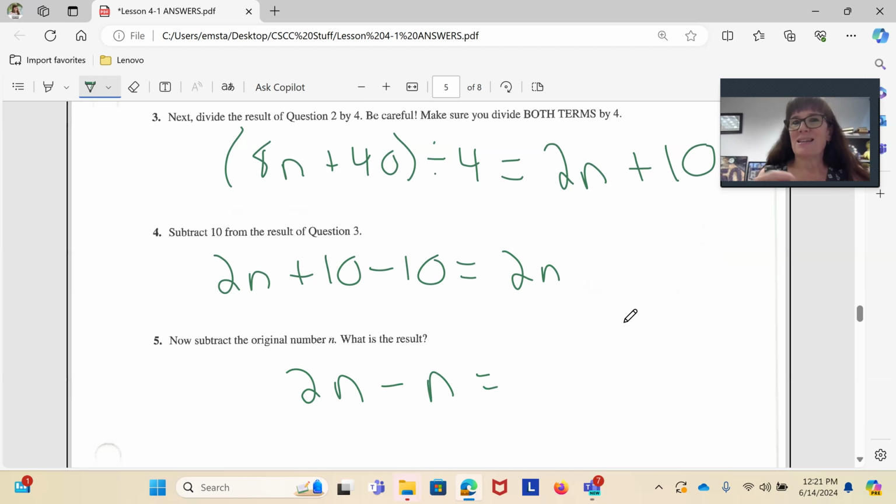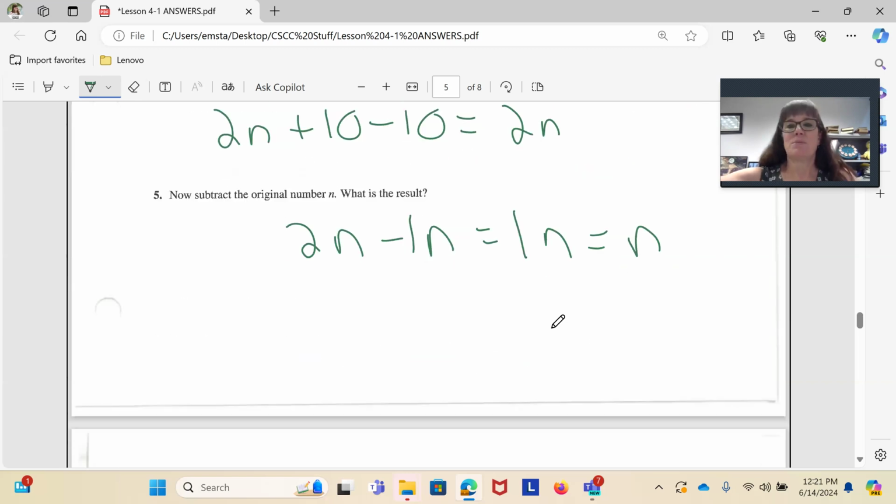If you haven't done a lot of simplifying of expressions in a while, you may be kind of confused on how to simplify these. There's a coefficient before n. If we don't write it, we assume that that's 1n. So if I have 2 n's and take away 1, I'm left with 1n, which is the original number. 1n is the same as n, and that's back to the original number where we started.